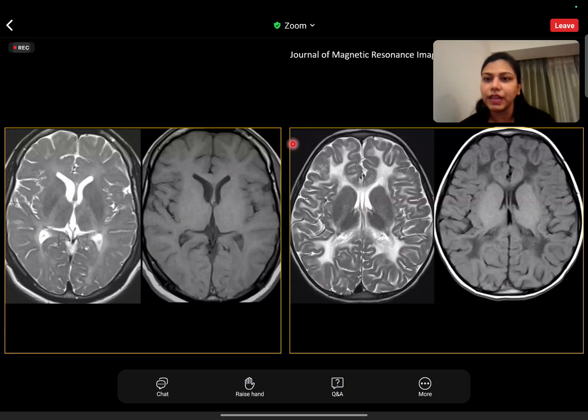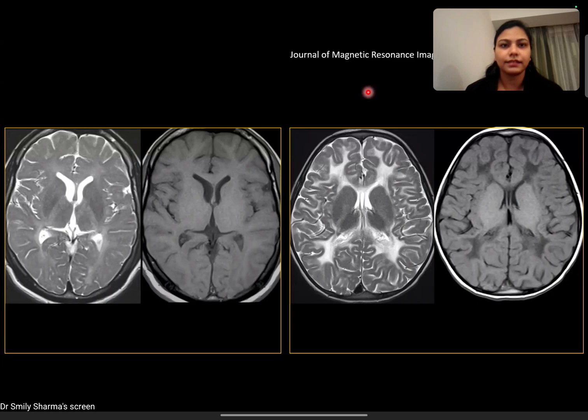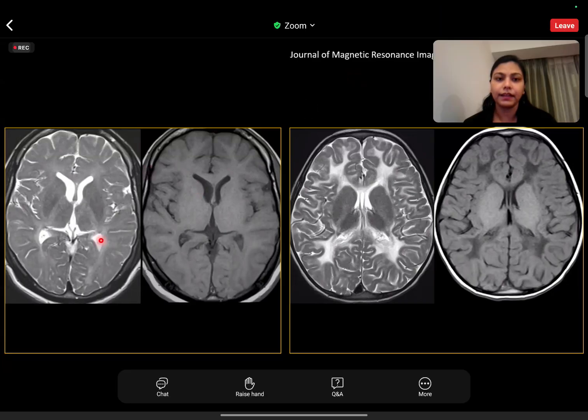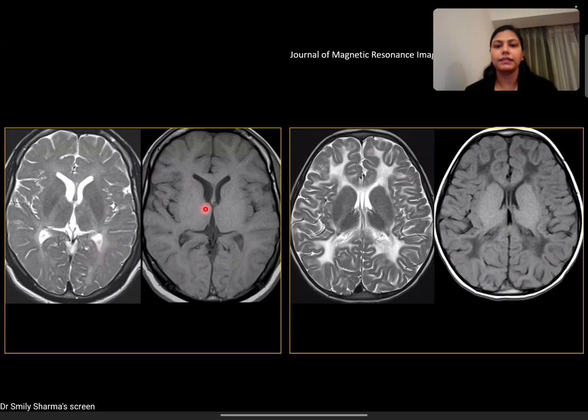Please enter in the chat. Yes, I can see the chat. So in the first image, we are able to see mildly hyperintense signal of the white matter. Yes, the first one is hypomyelinating and the second one is demyelinating.